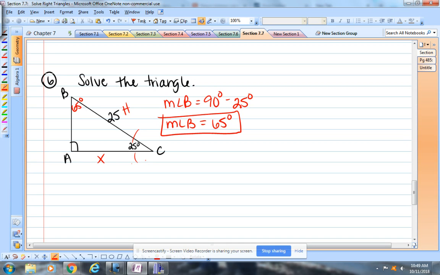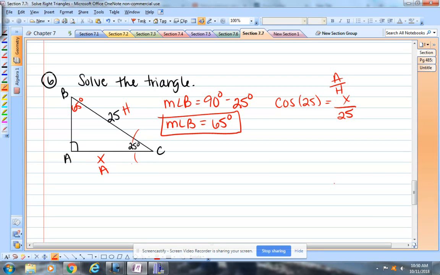I'll use angle C. So is the X opposite, adjacent, or what? It's touching angle C, so it's adjacent. So what do you think we're going to use? Sine, cosine, or tangent? Cosine. So cosine of 25 degrees is going to be adjacent over hypotenuse, so X over 25.